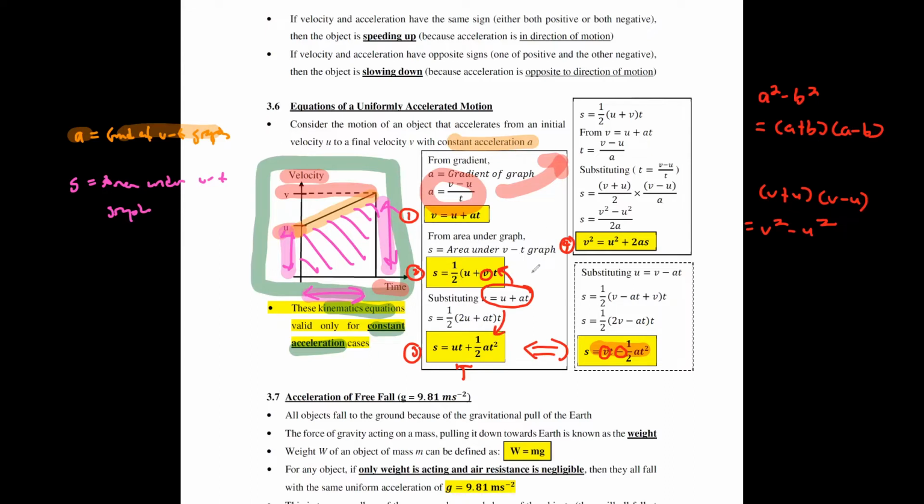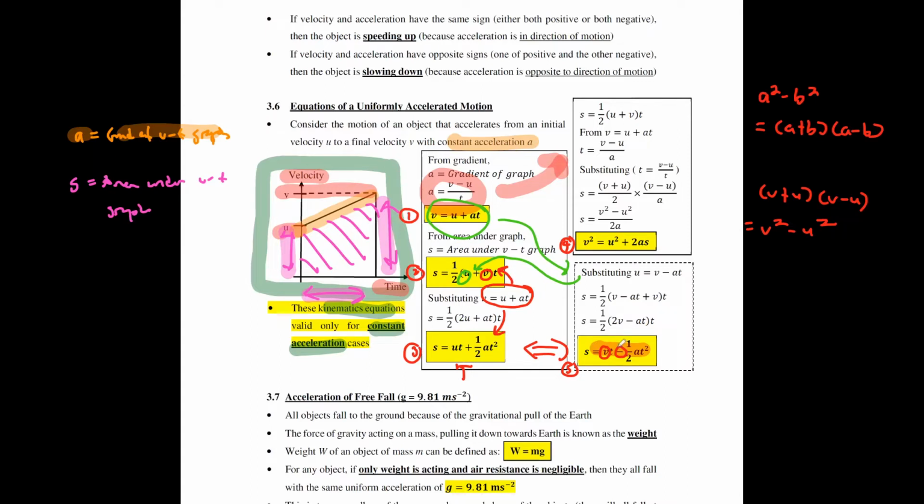If you want to get the fifth equation here, what you do is that rather than subbing for V, you sub for U instead. Okay, from this equation here, V equals to U plus AT, you make U the subject, U is equals to V minus AT, and then you sub it inside here. Eventually, you get back this final result.